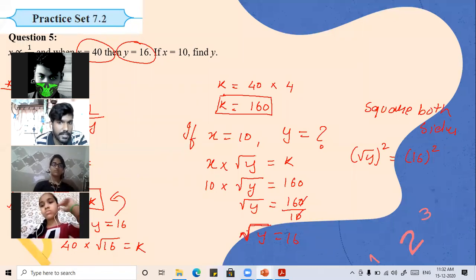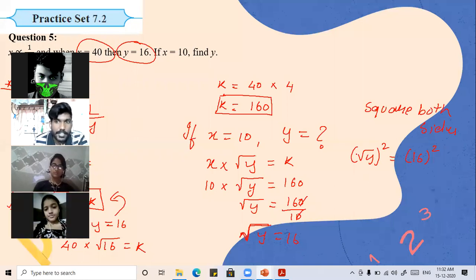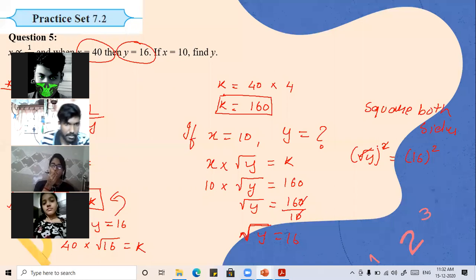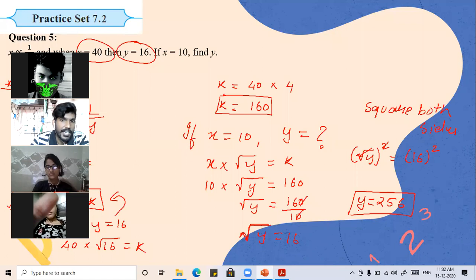So the square root and square on y will get cancelled. That is just the way we say it, but it gets cancelled. So this will become y. And you know 16 square is 256. So the value of y is 256.